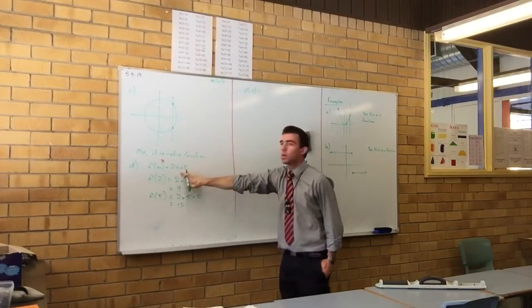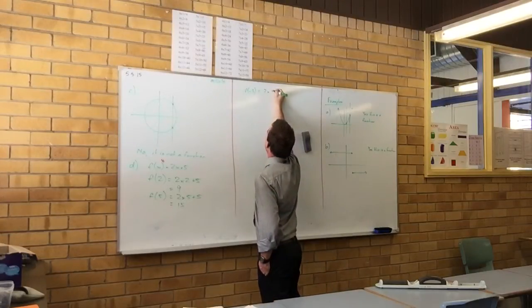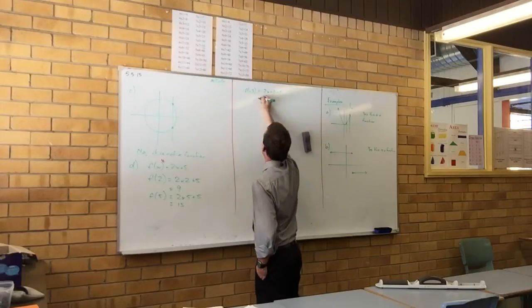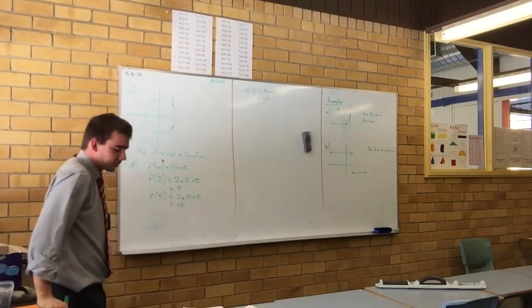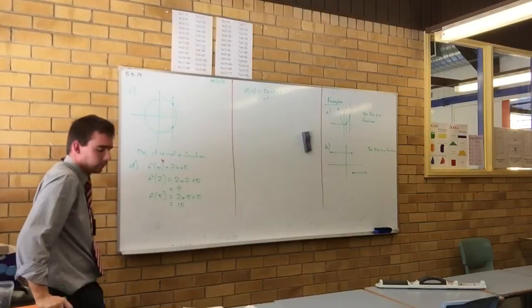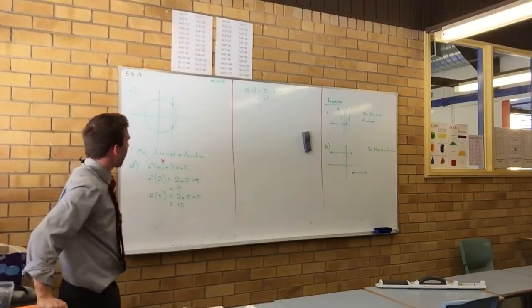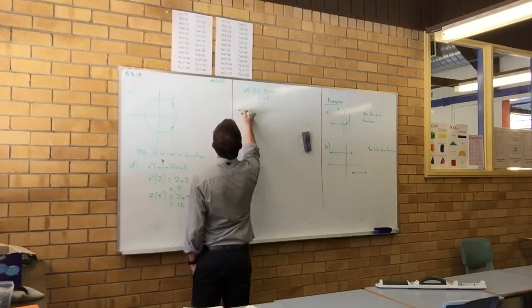In the equation, I replace x with negative 3. Negative 6 plus 5, negative 1. These sort of things will make more sense in the application after these couple of exercises.